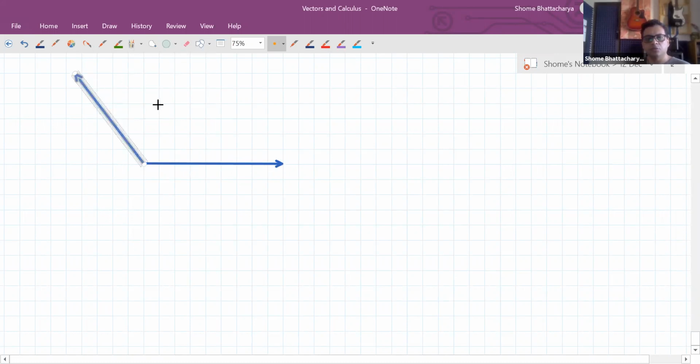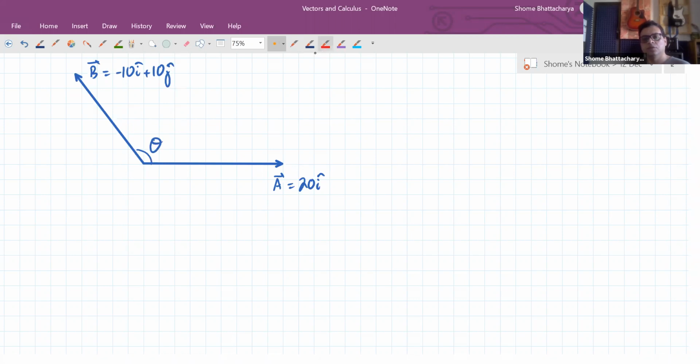So we just pick out those vectors from there. So we want to find out this angle theta. So we can just make use of the fact that theta is cos inverse of A dot B divided by AB. That's one method.